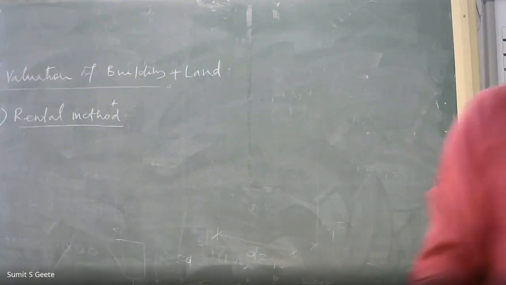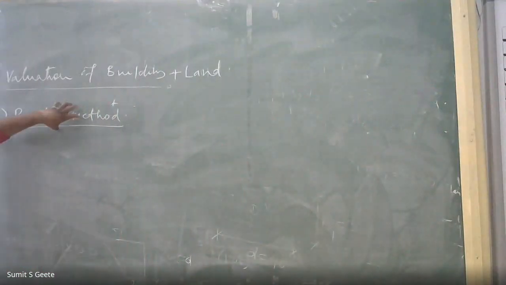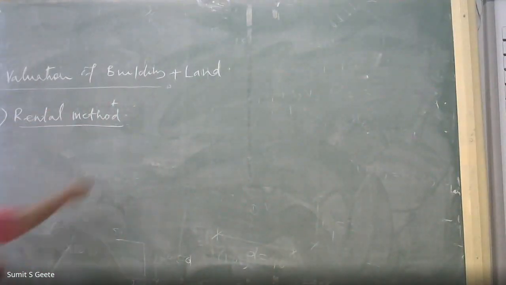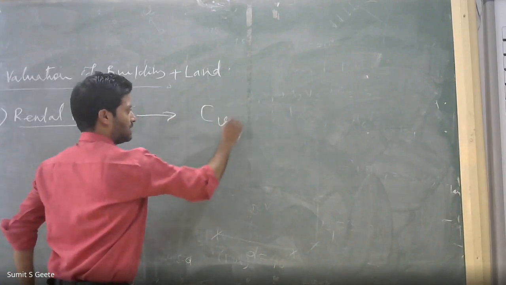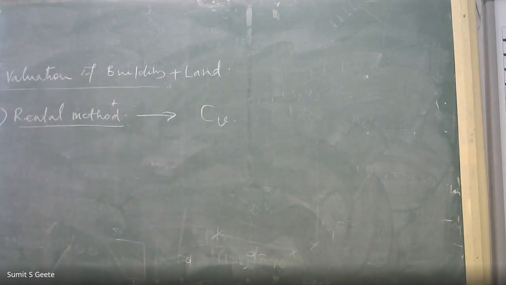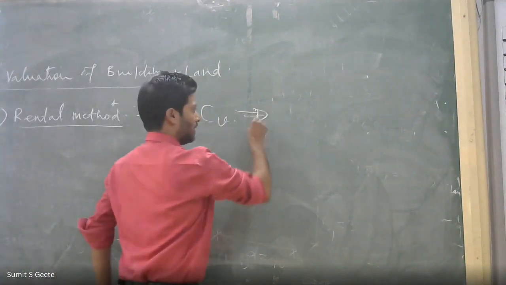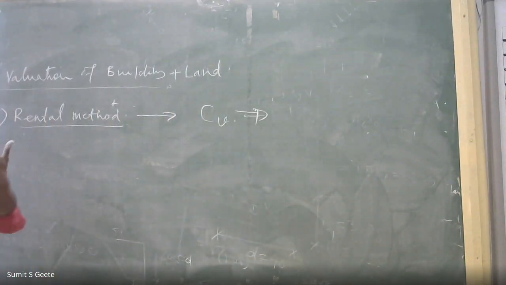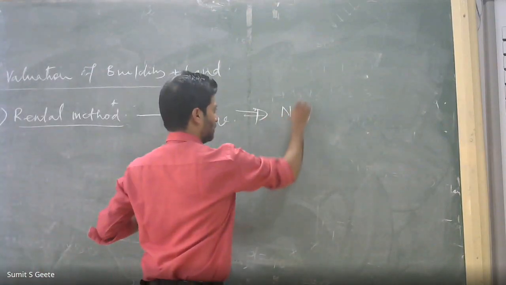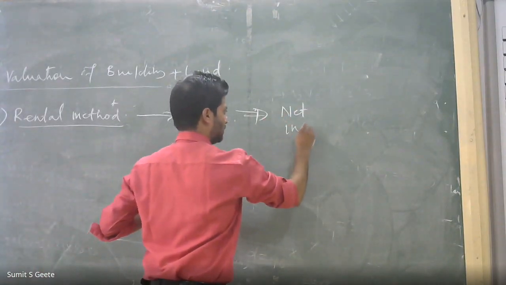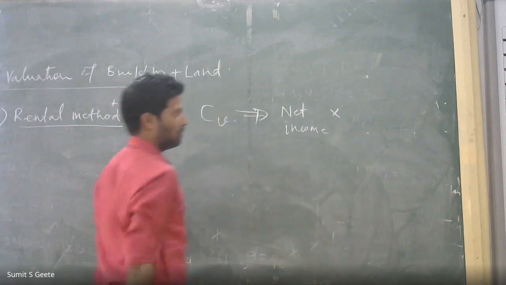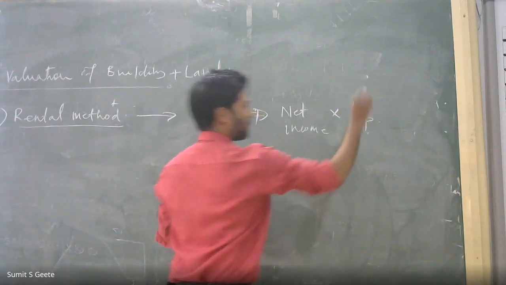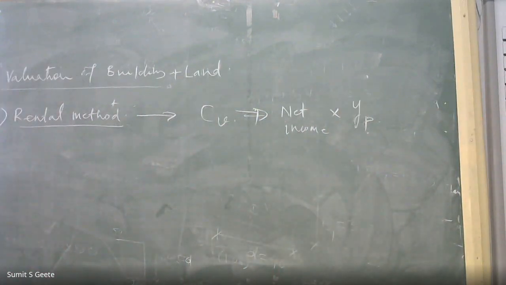Exactly. So, in case of rental method, we are going to calculate capitalized value. At the time of calculation of capitalized value, what elements do we consider? We consider the net income into YP.